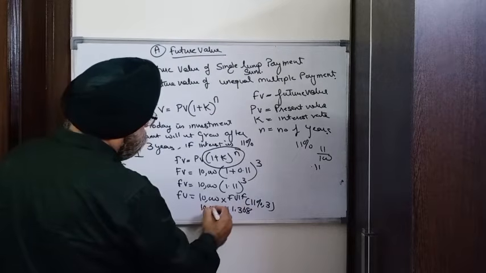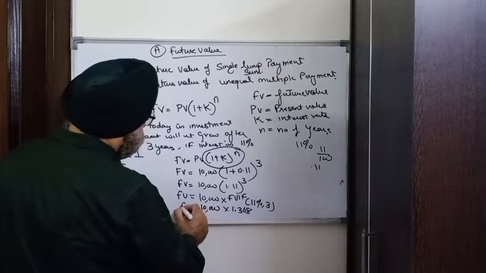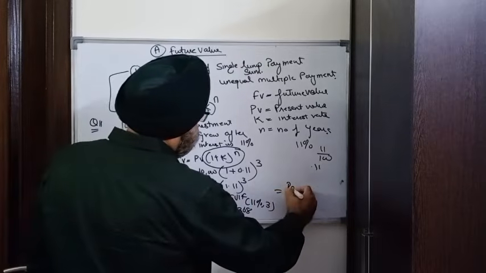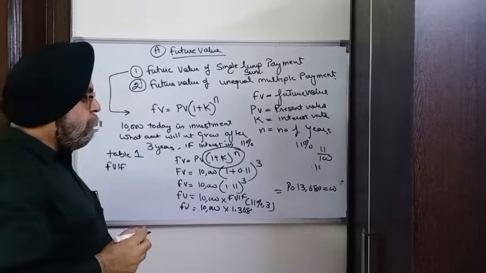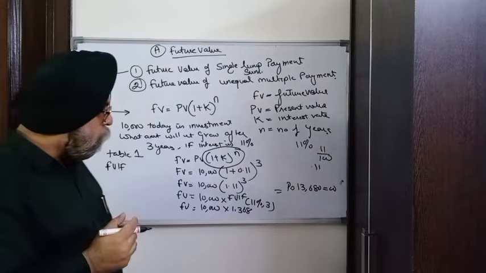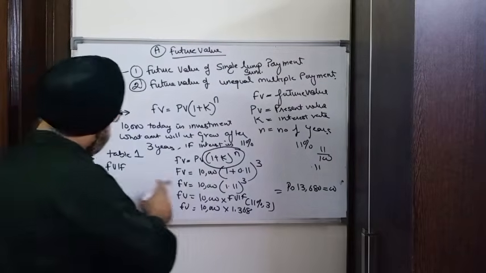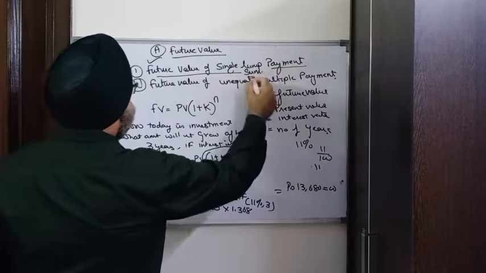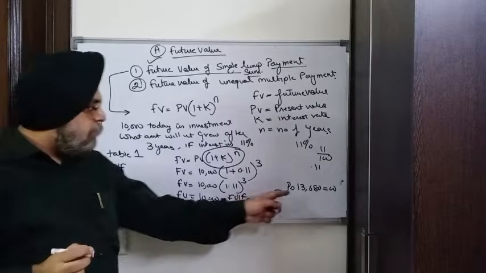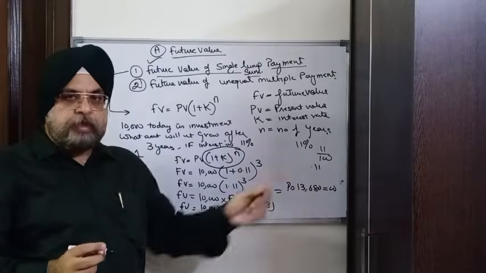So 10,000 into 1.368 is coming to rupees 13,680. So this is the amount calculated by using table number 1. We are doing future value of single lump sum payment, and the answer is coming to 13,680.